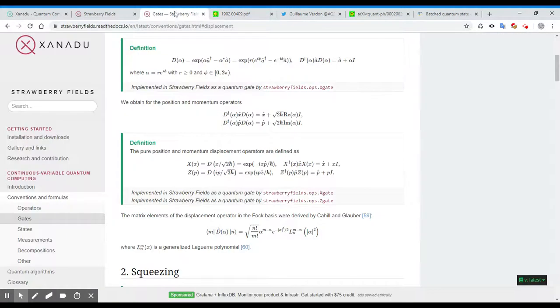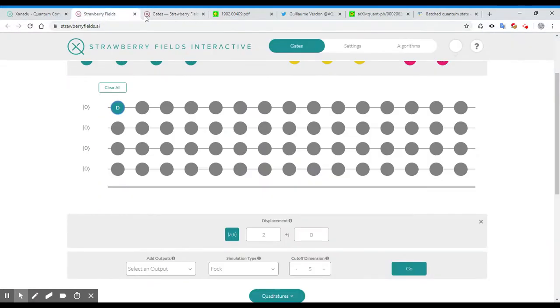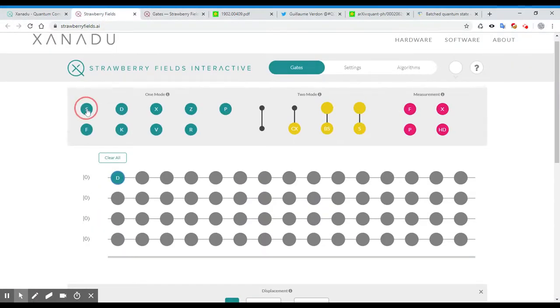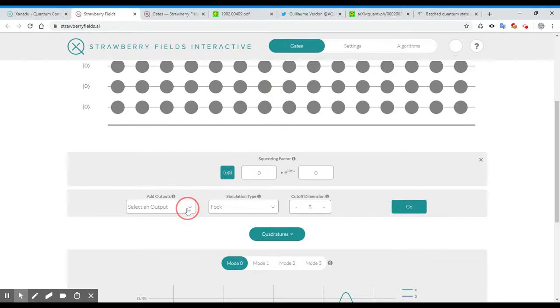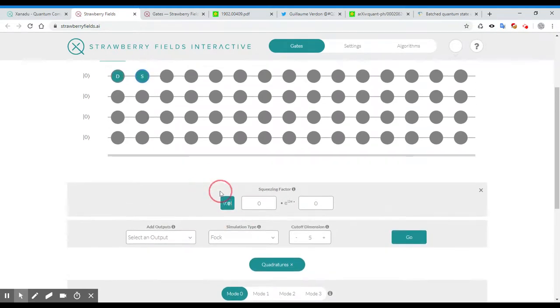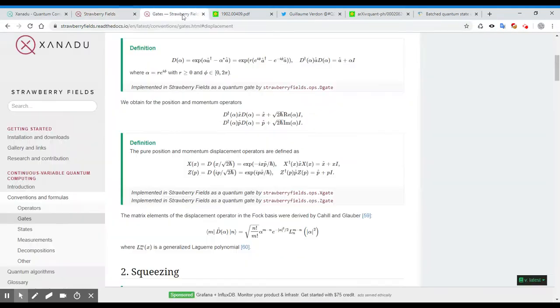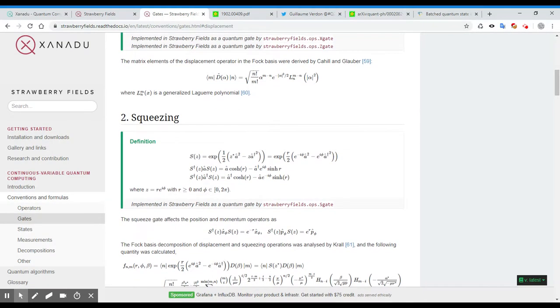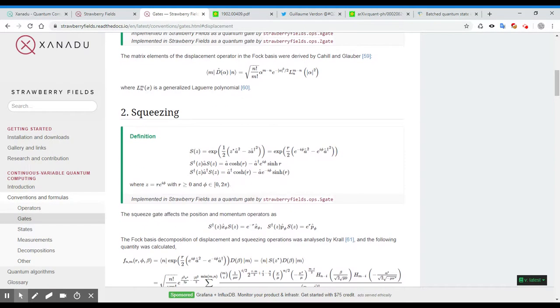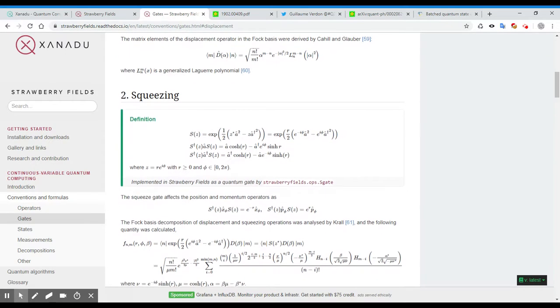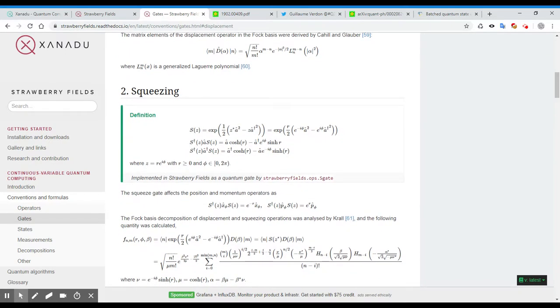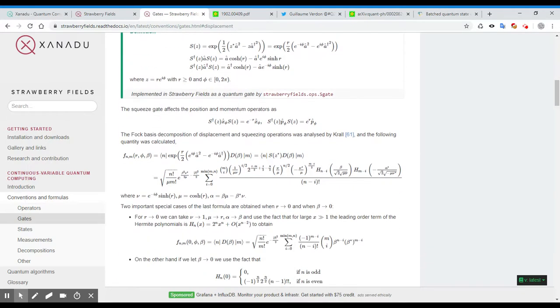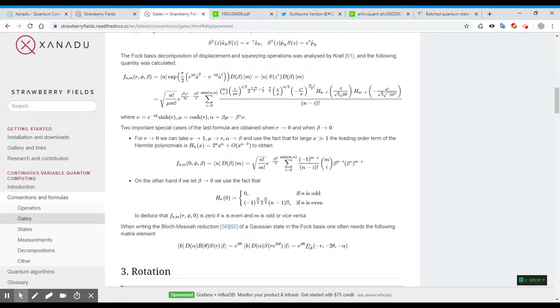I want to squeeze it now, so I want to squeeze it a little bit. Squeezing factor. How does the squeezing factor look like? Squeeze gate of position and momentum operators as this.